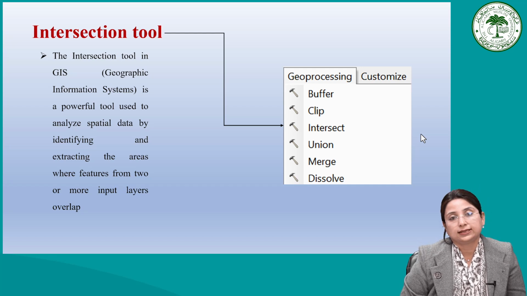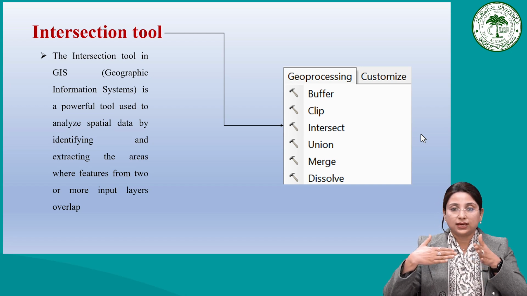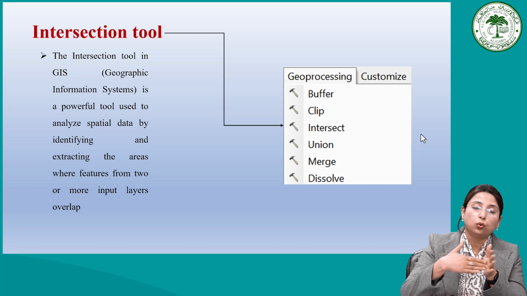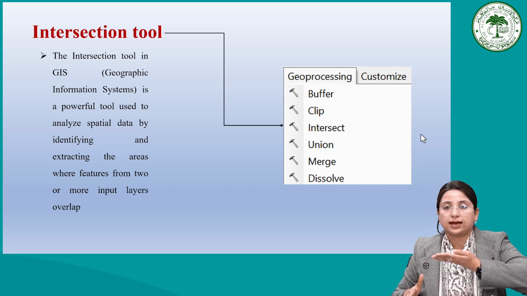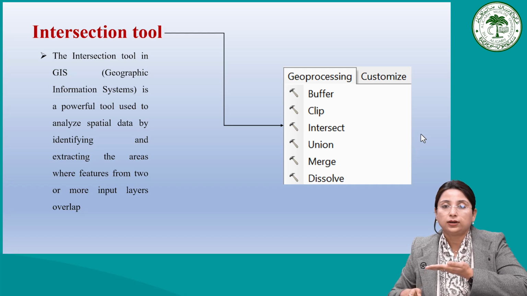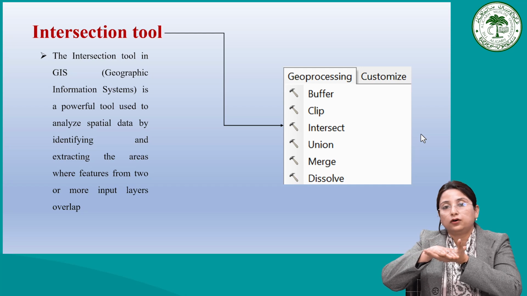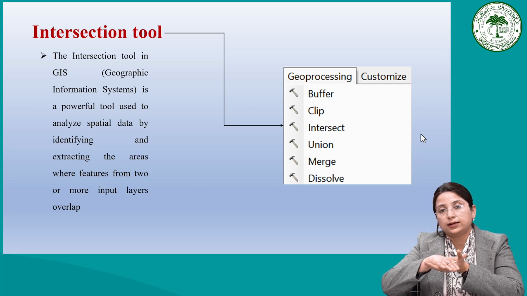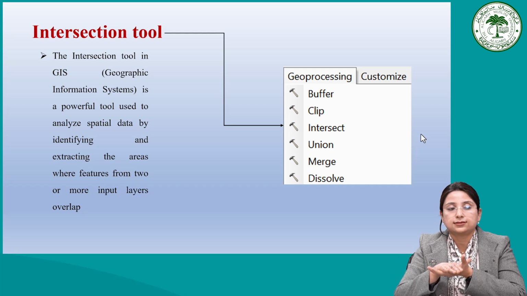So coming to another important tool, that is the intersection tool. Intersection tool means something intersecting, that is, overlapping each other. Suppose you see my hands. This is one input layer, and another layer. A certain portion of one input layer is intersecting with a certain portion of the other input layer.